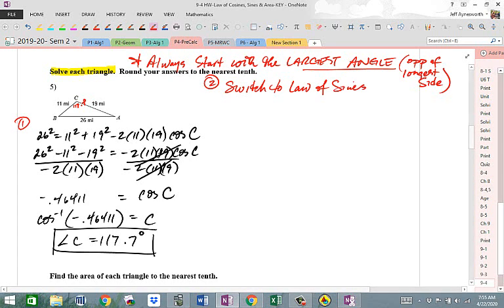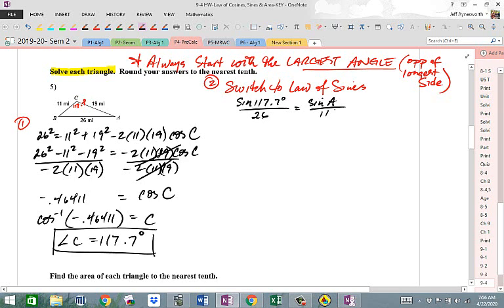Okay, so in doing that, I'm going to take the sine of that angle, so the sine of 117.7 degrees to its opposite side, which is 26, and that's going to be equal to the sine of angle A to its opposite side of 11.